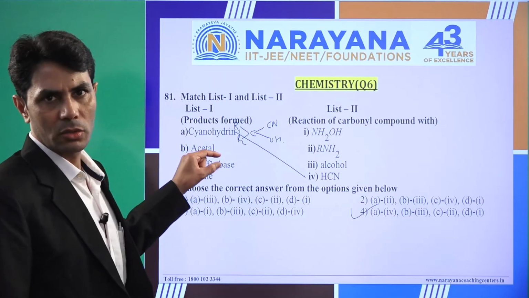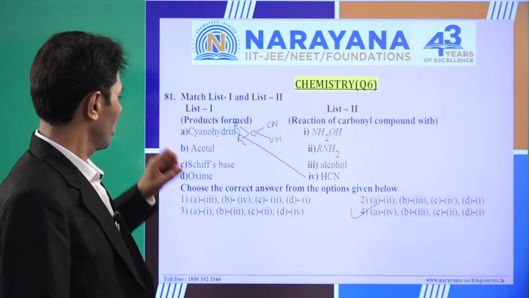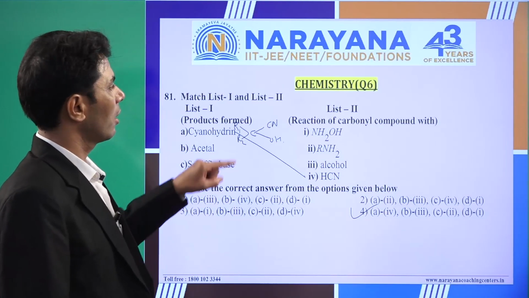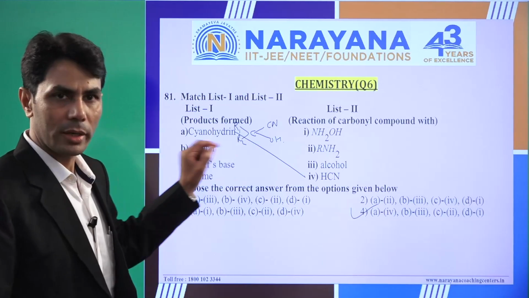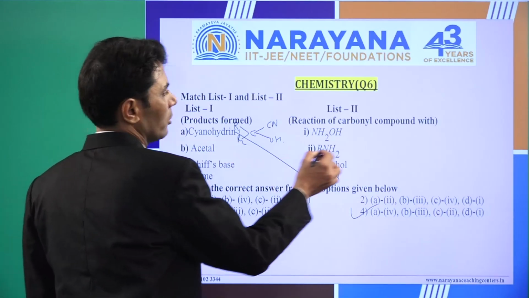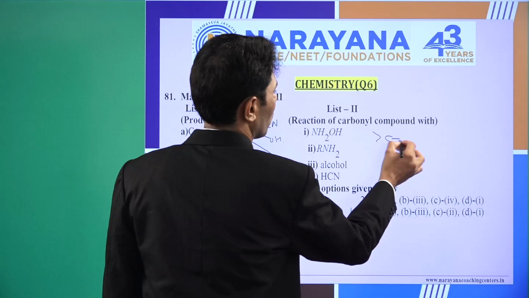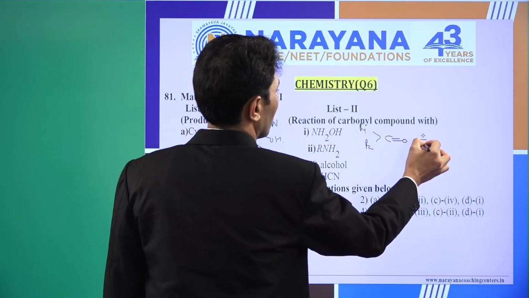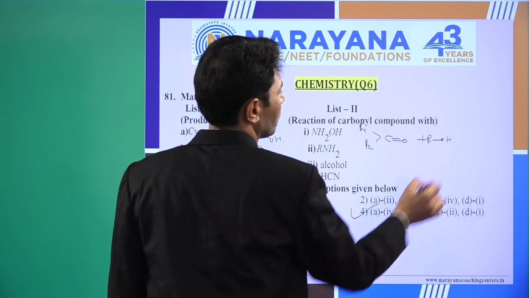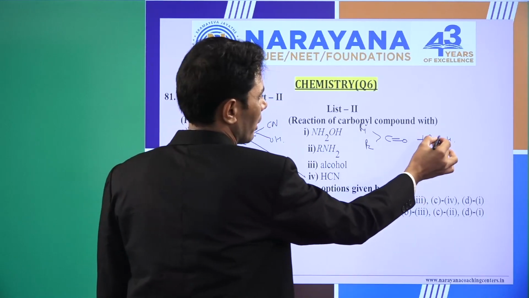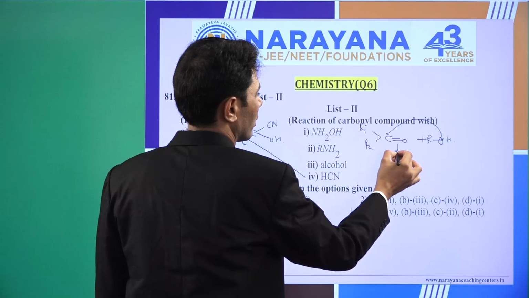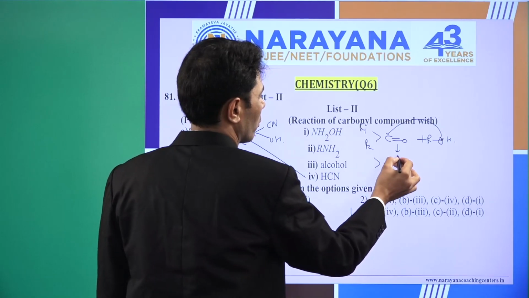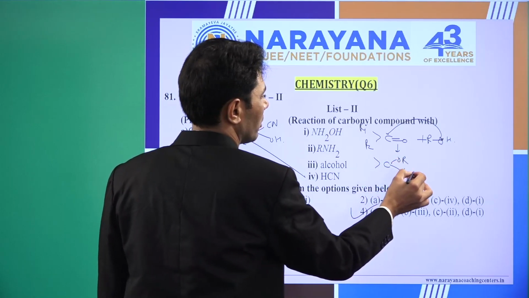Acetal. What are acetal or hemiacetal? Acetal or hemiacetal are formed if we react carbonyl compound with alcohol, right? First of all, C double bond O, R1 or R2, whatever we can say, if we react it with alcohol, it will attack this carbon and initially it will form OR and OH, hemiacetal.